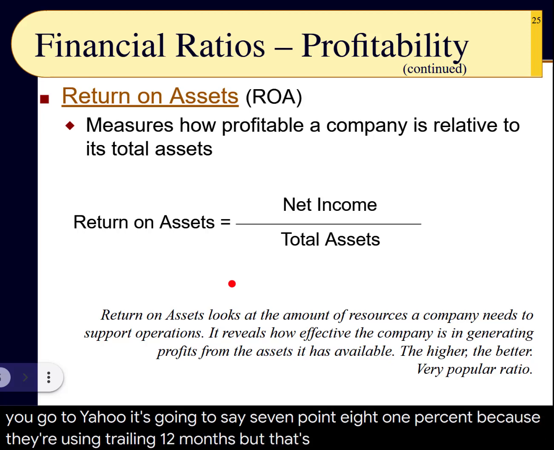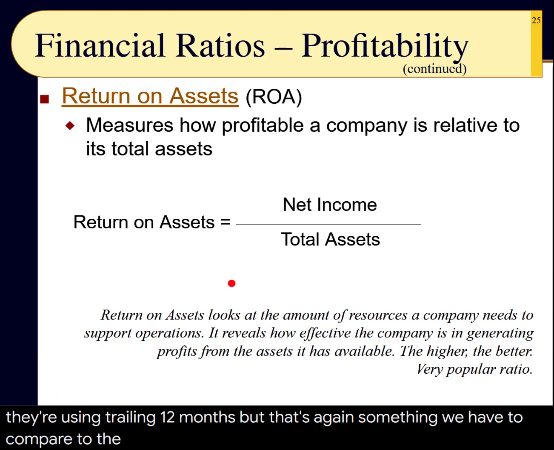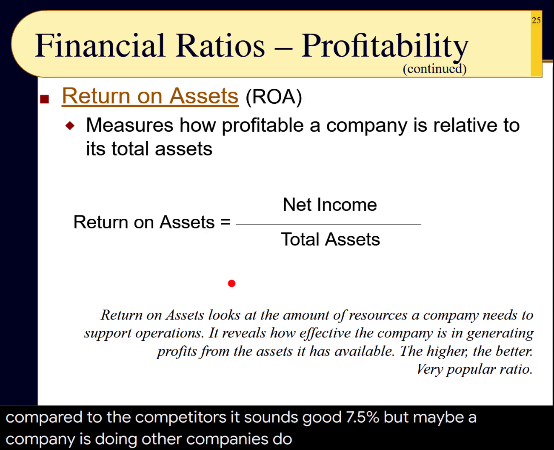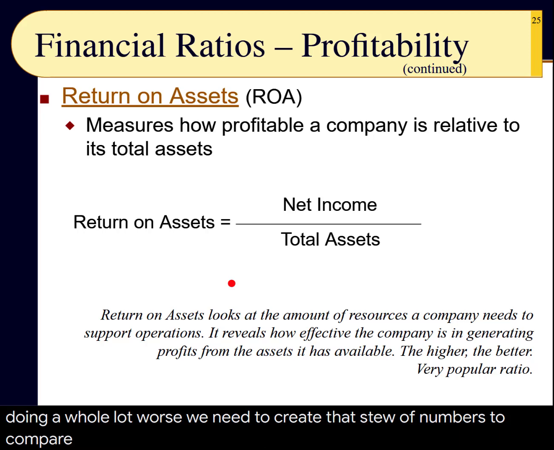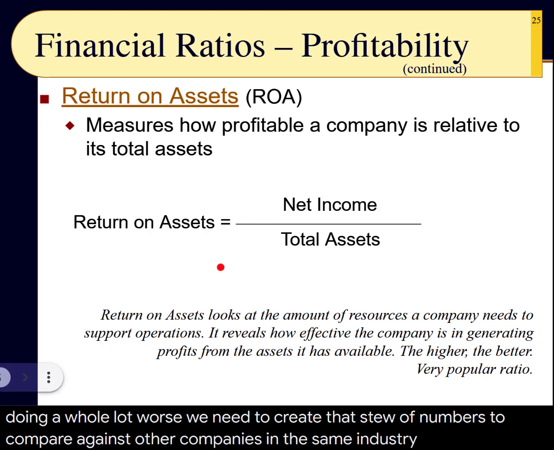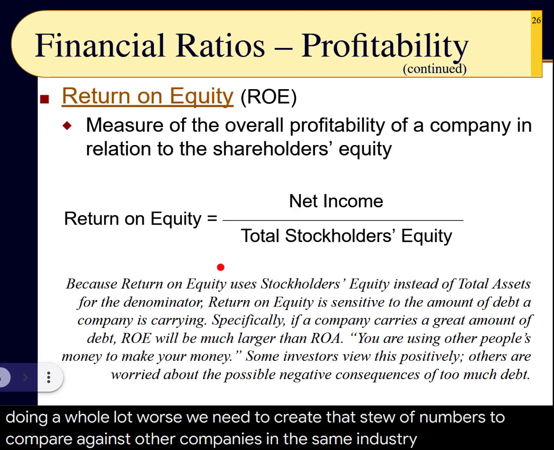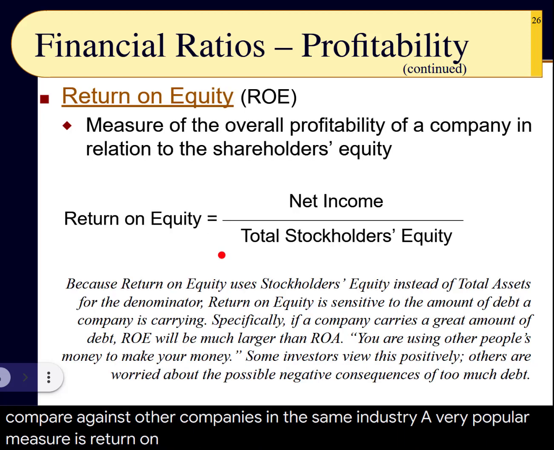But that's, again, something we have to compare to the competitors. It sounds good, 7.5%, but maybe another company is doing a whole lot better. Maybe it's doing a whole lot worse. We need to create that stew of numbers to compare against other companies in the same industry. Along with return on assets, a very popular measure is return on equity.